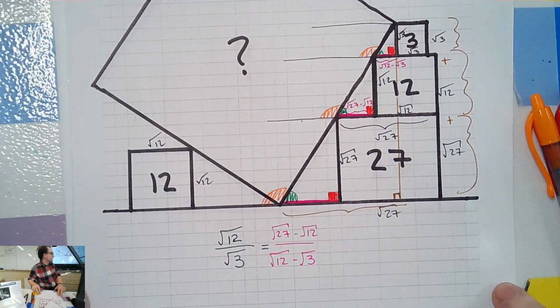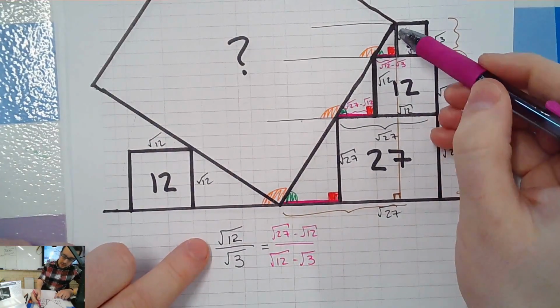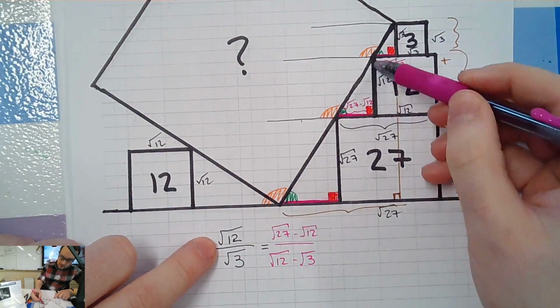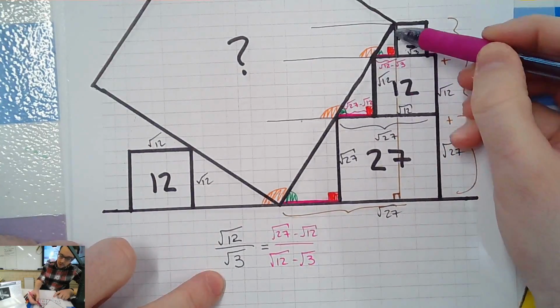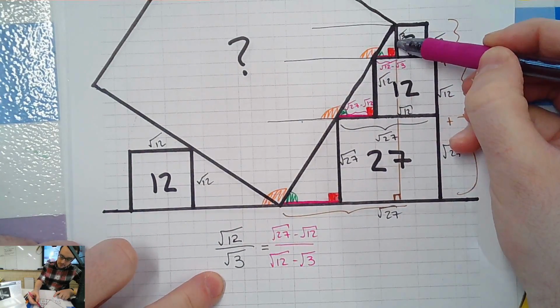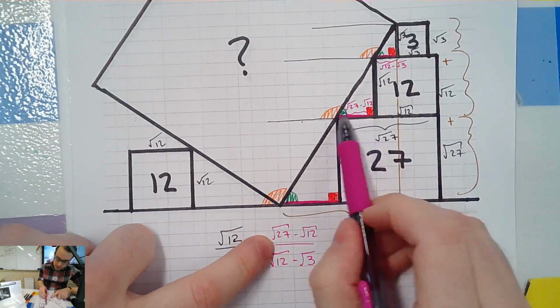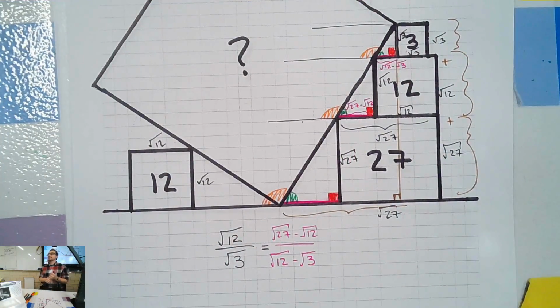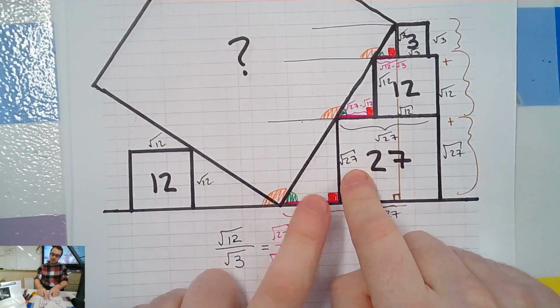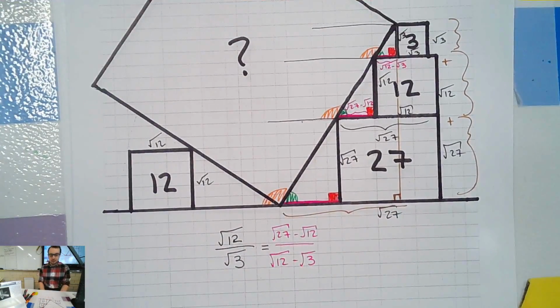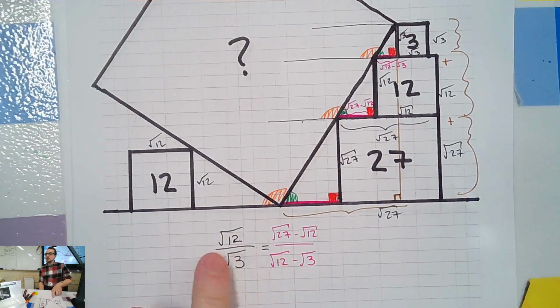So what I'm saying is that the big leg of this triangle should relate to the big leg of this triangle the same way that the small leg of this triangle relates to the small leg of that triangle, right? Then we can figure out what the relationship is, and we win. Because then we can apply that relationship to this and get this length. That's really good. Nice job. So, both of these should be the same.